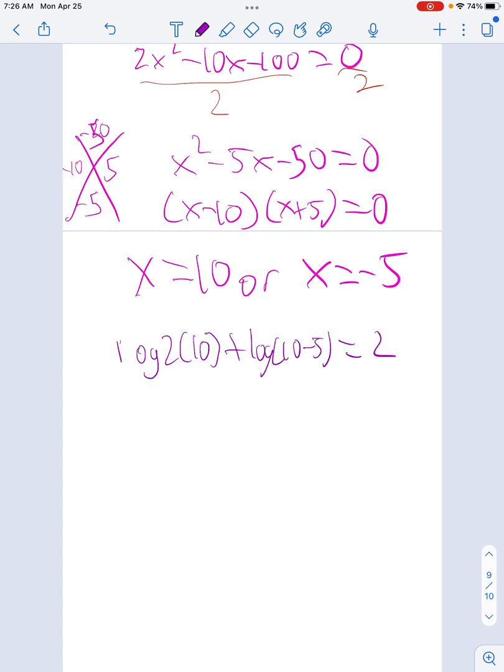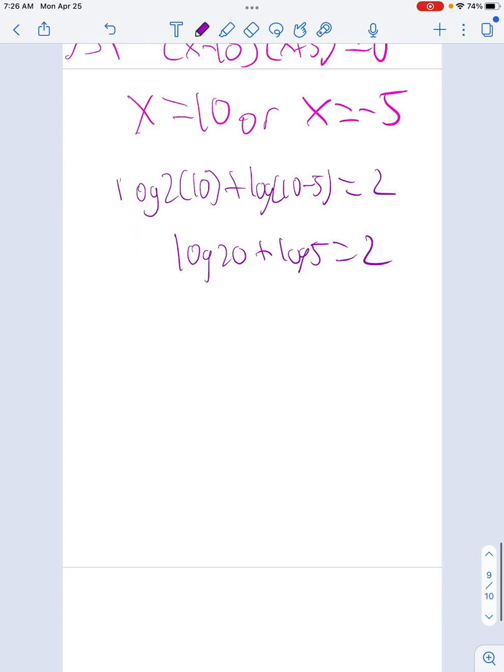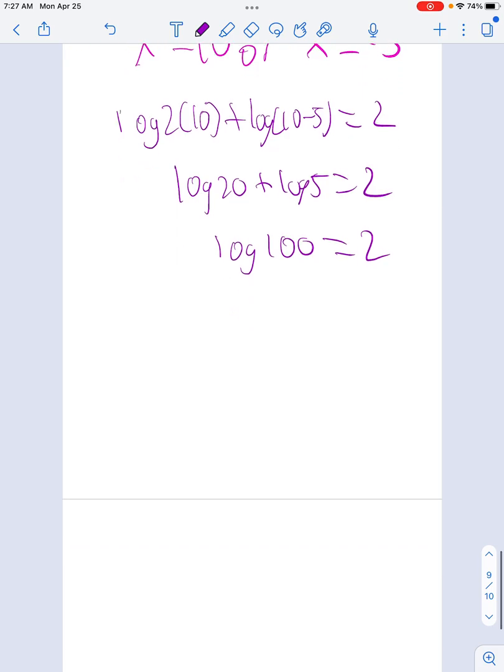When I go down and simplify, I get log of 20 plus log of 5 equals 2, which means really I can get log of 100 equals 2. And in fact, log of 100 does equal 2. So 10 is a solution.